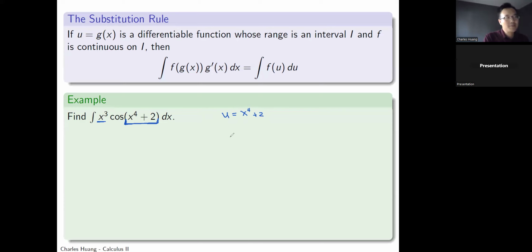Then we will do the derivative du dx. The derivative is 4x cubed. And then the 2 disappears, right? It's a constant. The derivative is 0.